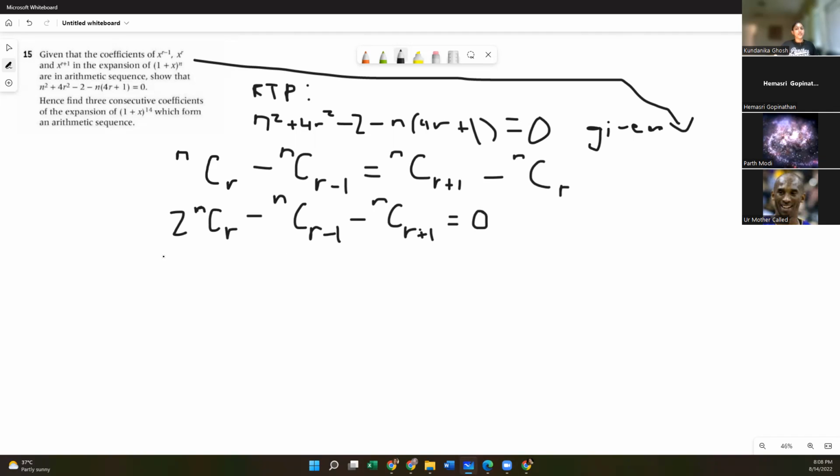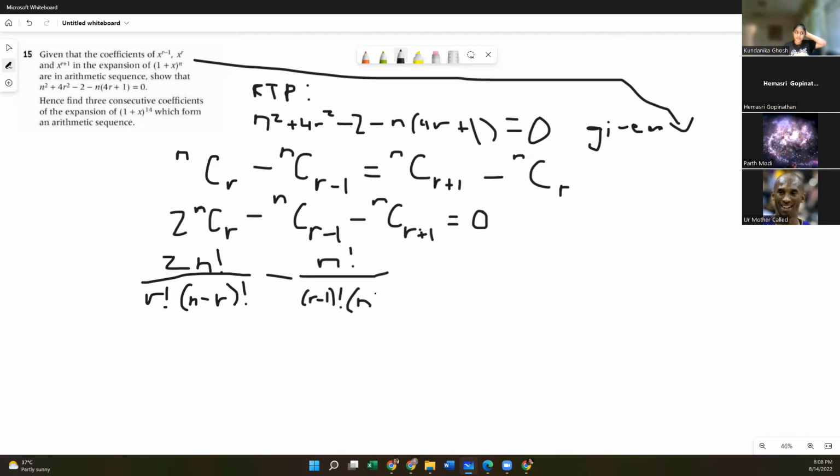So now I'm gonna fully expand all of it. Over here I have 2 n factorial over r factorial times n minus r factorial, minus n factorial over r minus 1 factorial times n minus (r minus 1) factorial.